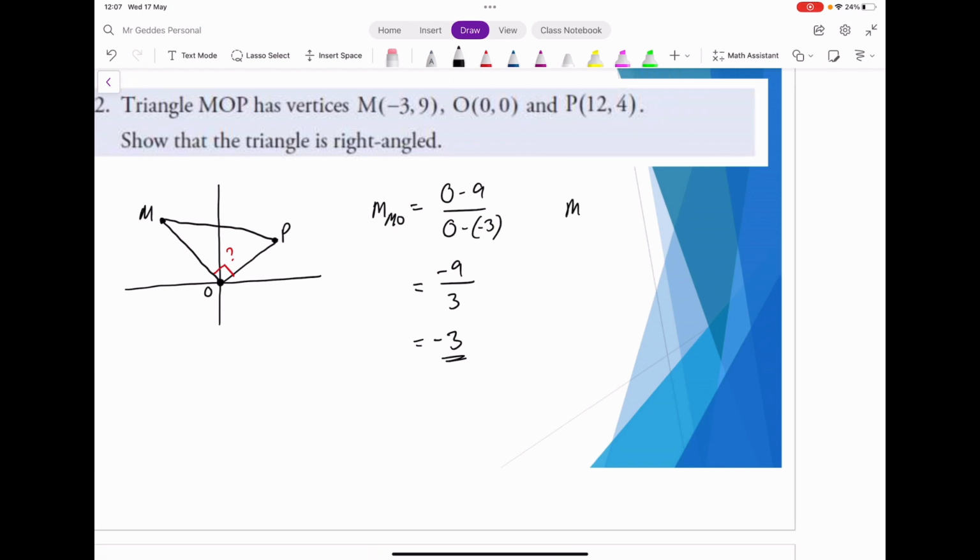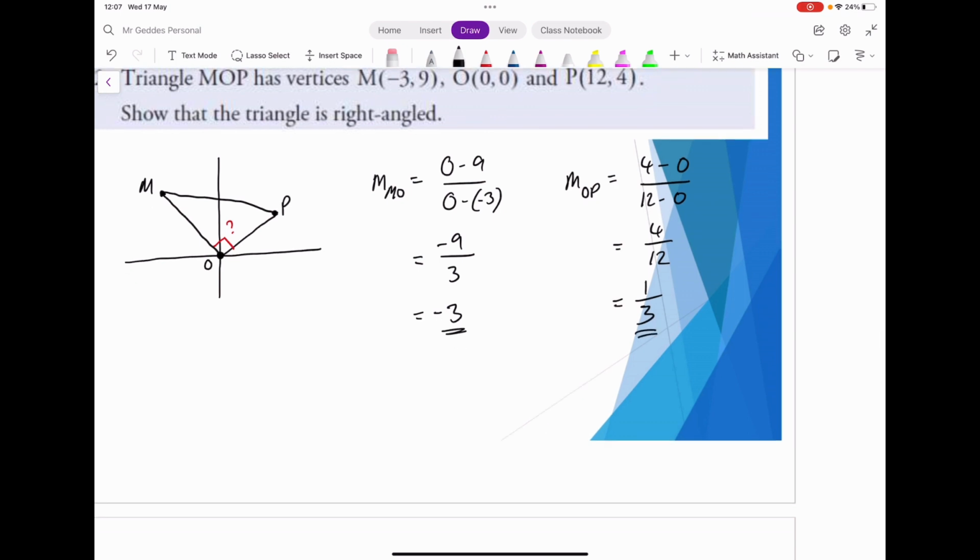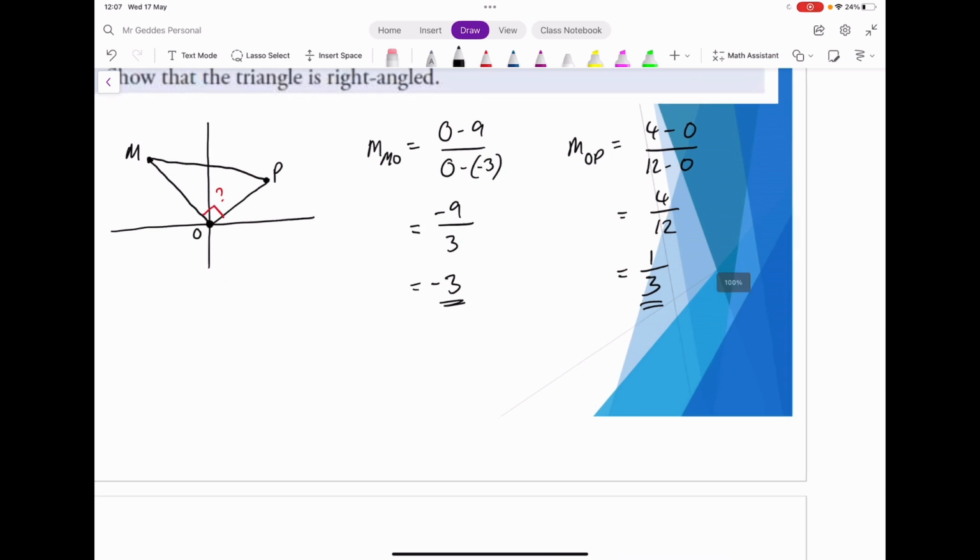Let's find the gradient from O to P. y2 minus y1 over x2 minus x1. That's 4 divided by 12. That comes out as 1/3, and there we go. You've got -3 and positive 1/3. Now, here's what comes into play.